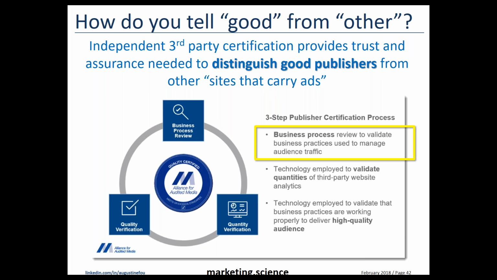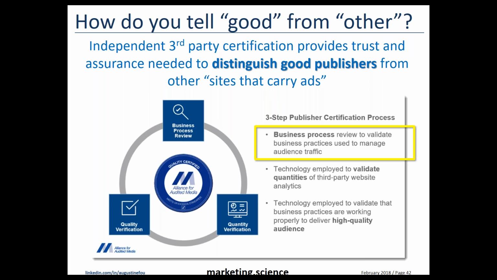It's not about technology. It's not about fraud detection tech. And it's not about measurement. It's really about whether the good publishers have good business practices. And one of the things, you might have heard of this organization called Alliance for Audited Media, or AAM. Basically, they've developed a process called quality certification.